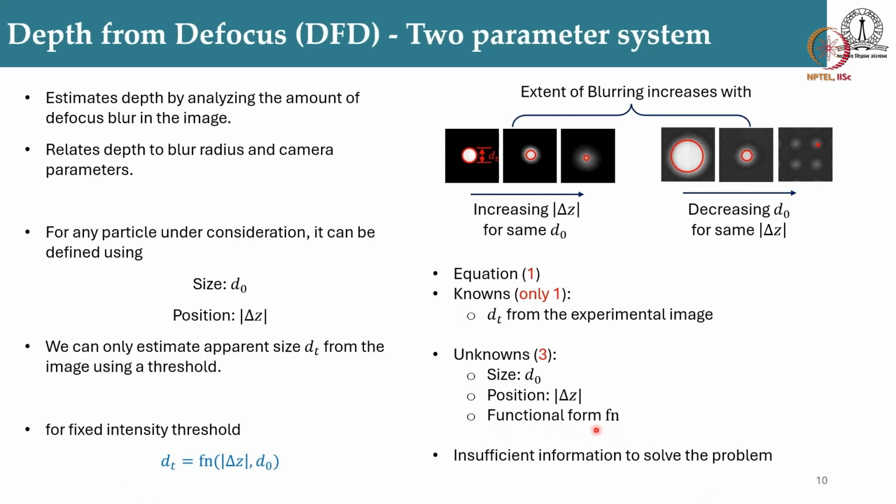Apart from that, we also know the particle size and particle depth. All we have is dt, or thresholded size. So we have only one known parameter, one equation that we know is existent, but we don't know its functional form. And the things that we want to determine out of it, or the unknowns, are the particle size and the depth. So we have insufficient information or constraints to solve this problem at this stage.